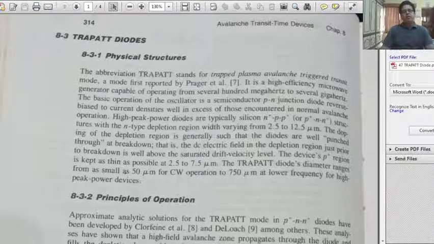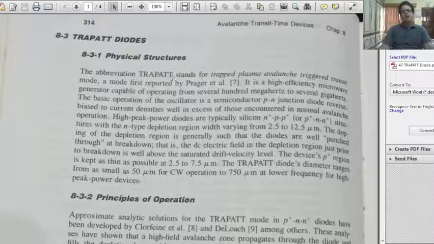Physical structure. The abbreviation TRAPATT stands for trapped plasma avalanche triggered transit mode. TRA for trapped, P for plasma, A for avalanche, T for triggered, and the last T for transit mode.